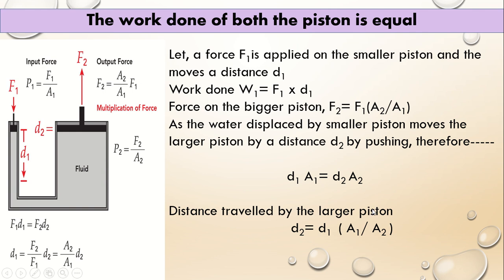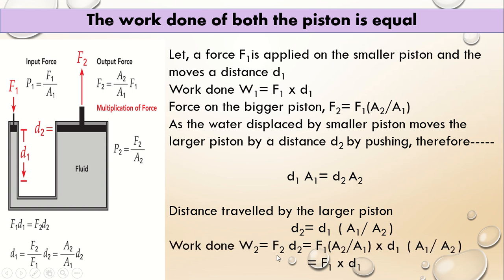Distance traveled by the larger piston is d2, and by the smaller piston is d1. So from this equation we can write d2 equals d1 into A1 by A2. Now the work done W2 on the larger piston will be what? Work equals force into displacement.